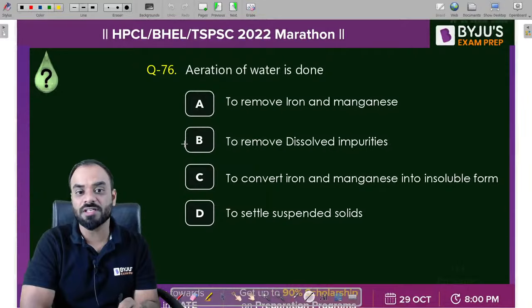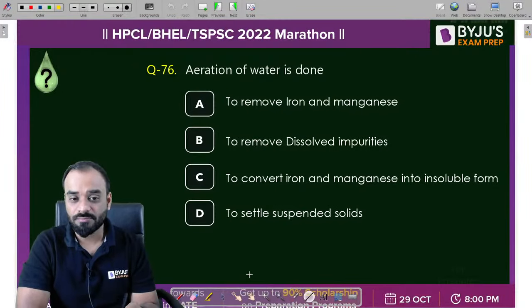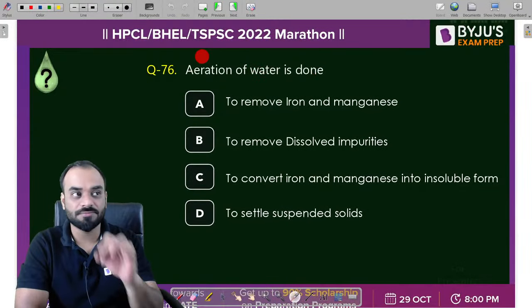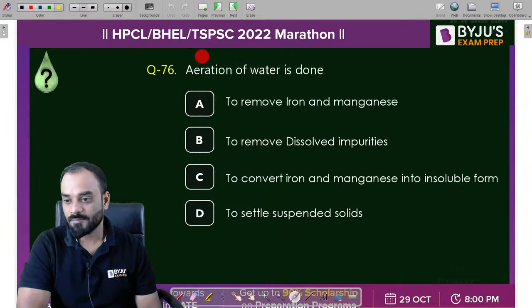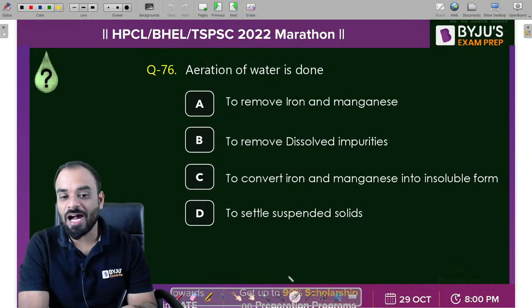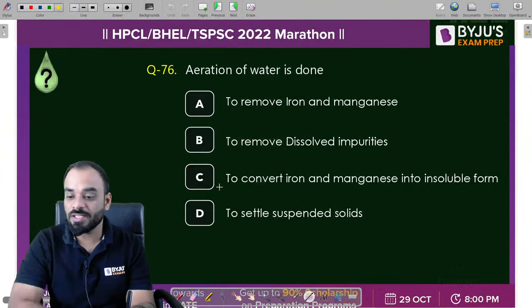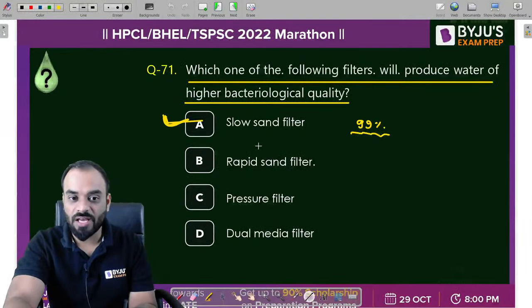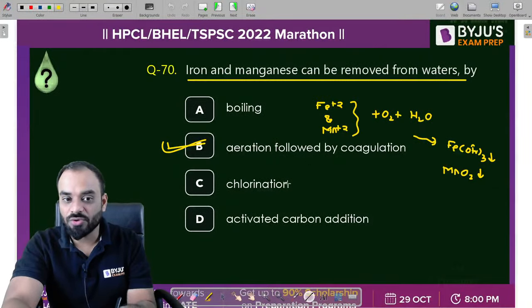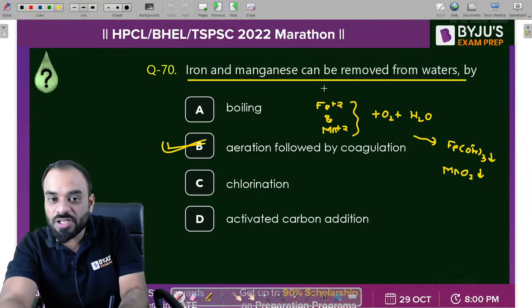Aeration of the water is done to remove what? Why are you using the aeration of water? C. To convert iron and manganese into insoluble form. I have already told you guys, right? You can see here, we have already discussed this point. We just want to convert this particular soluble part into the insoluble one.